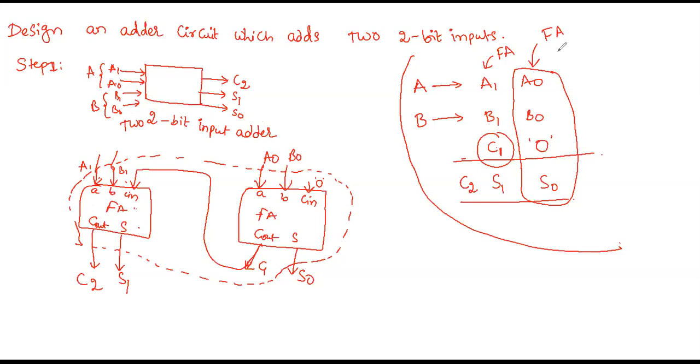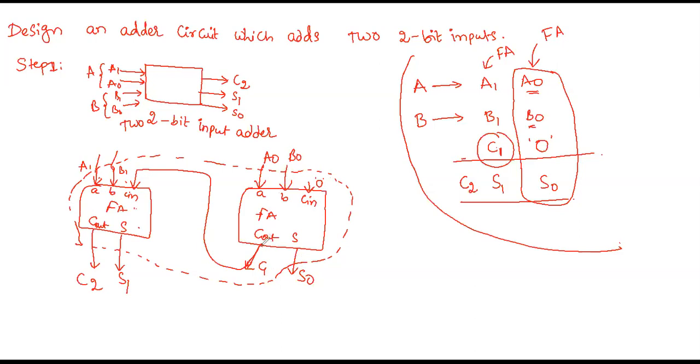For adding A0, B0, we are using one full adder, but a full adder has three inputs, A, B, C in, and we have only two inputs, A0, B0. So we consider the third input as 0 and we use one full adder to generate the sum and carry.